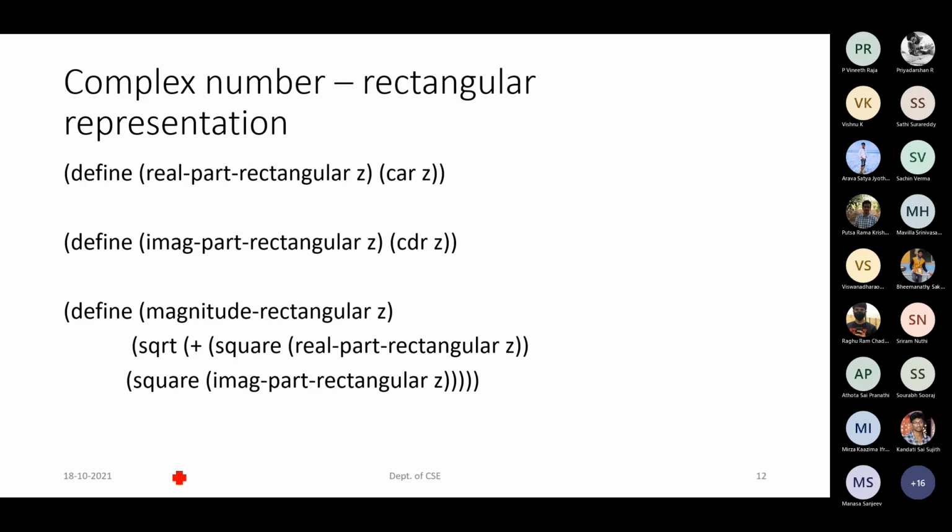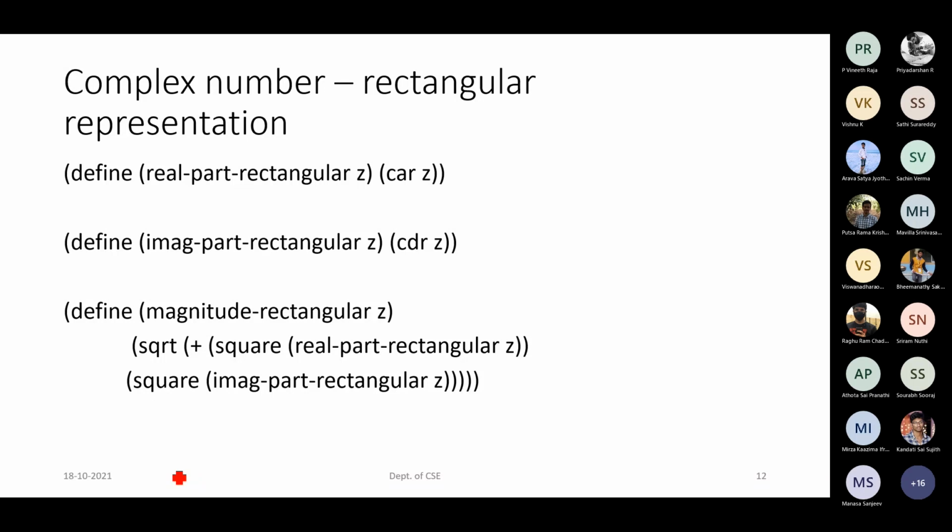In the previous class, we were just using the name real part. Now, since we have represented your complex number by using a tag, we can identify which procedure we have to call.